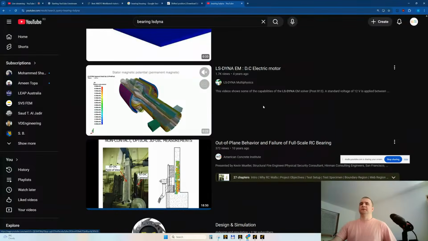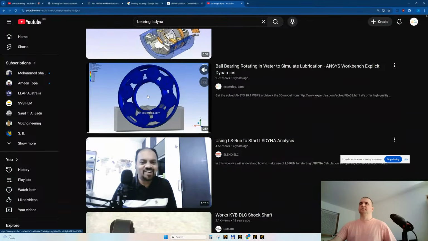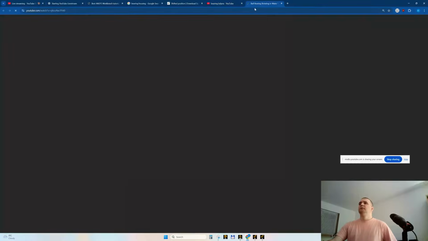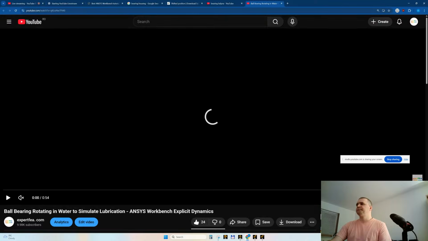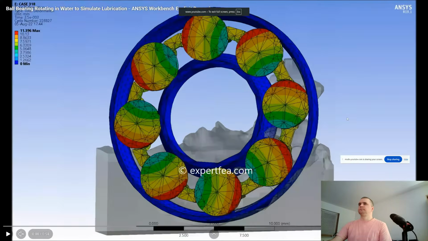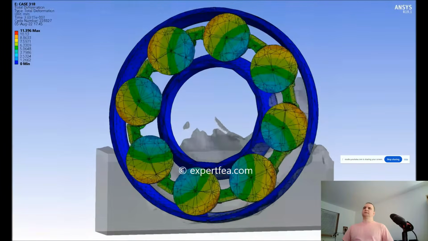Where were we? Bearings. Oh, let me show you this bearing. A while ago, maybe 3 years ago, I thought to myself, why don't we lubricate this bearing? It was a lot of work, and it looks very nice.